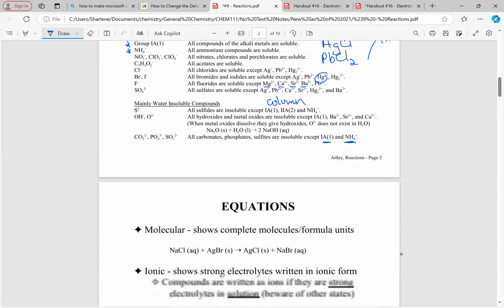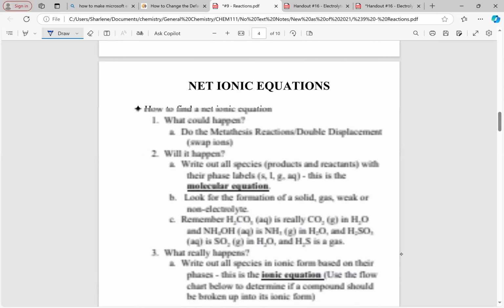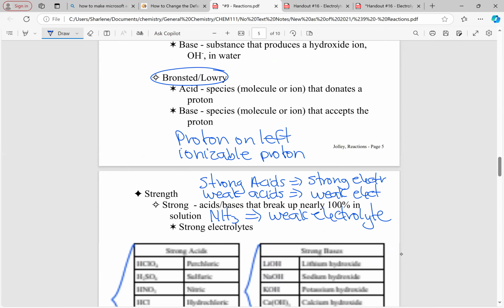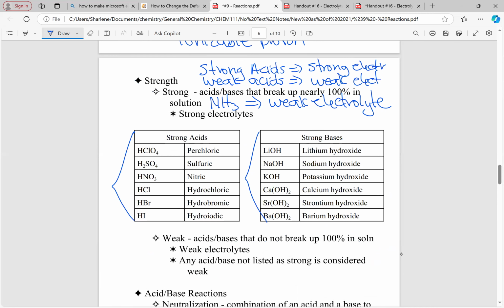And then just to begin to show you down on page, I think it was 5, even though we haven't talked about all of its pieces, that's where your 6 strong acids are. And again, memorize those. Now, there are 6 strong bases, but if you'll notice for what we're talking about, they're all ionic. So they would show up under the solubility rules anyway.